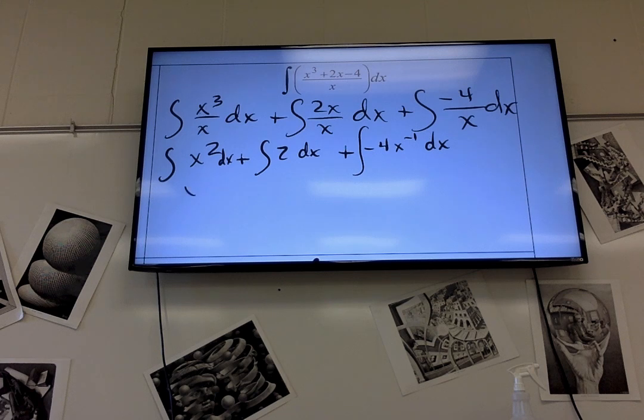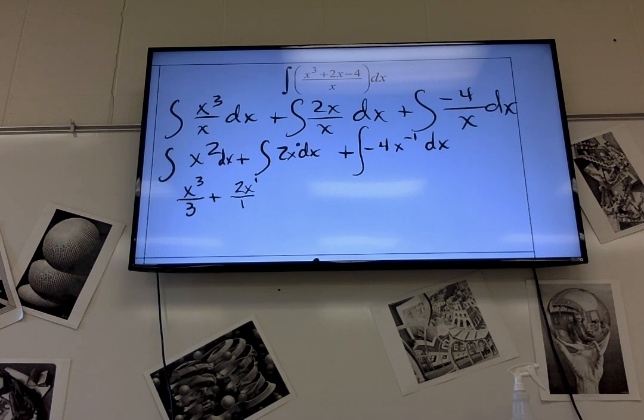It's x cubed divided by 3. So we add 1 to the exponent and divide by that new number. For the 2, 2 over 1. Well, there's not an x. Yes, there is: it's x to the 0.